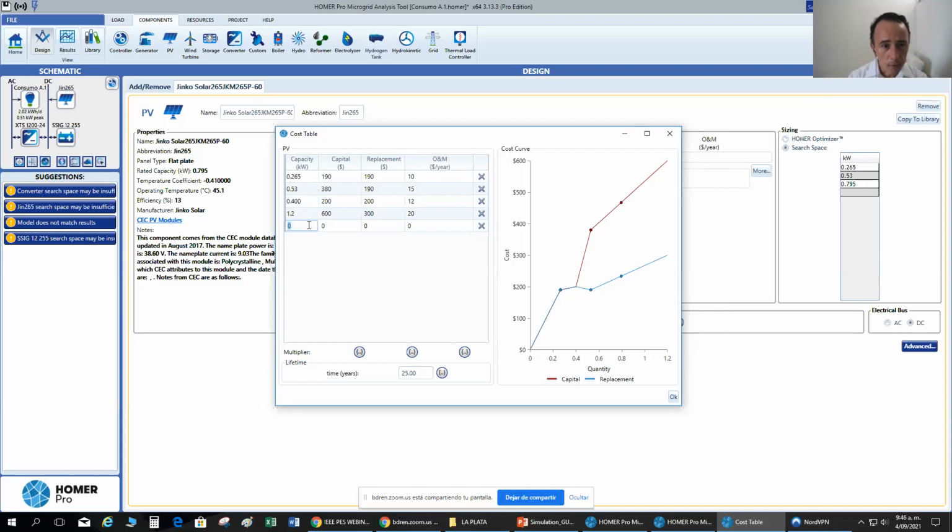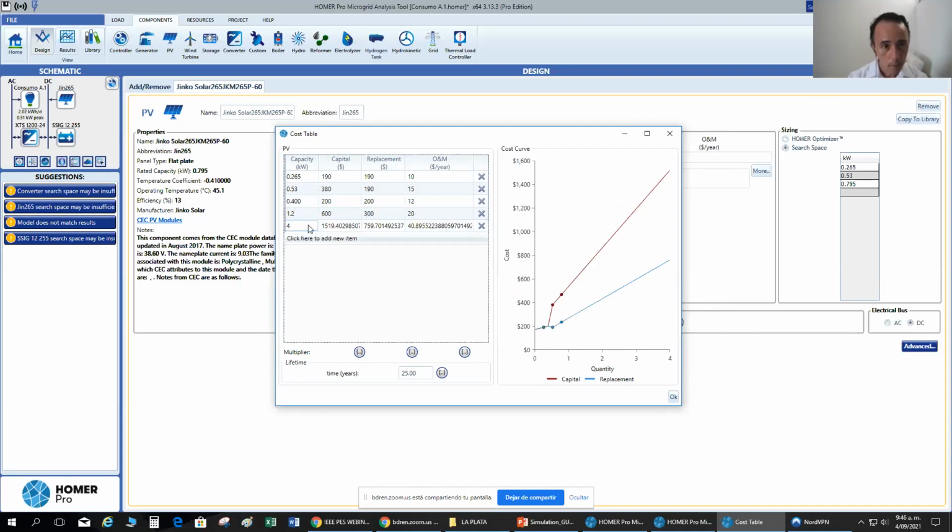Of course, there's another situation. Let's say, for example, 4 kilowatts. 4 kilowatts cost less, because of general commerce and market everything. So the cost for one is 200.